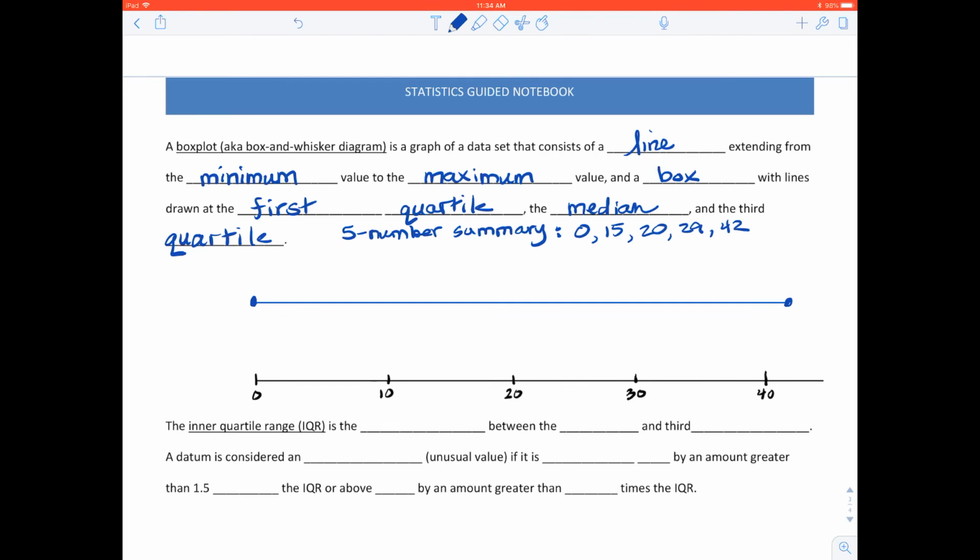So at 15, which is about here, maybe a little over, and at 29, we're going to set the outside of our box.